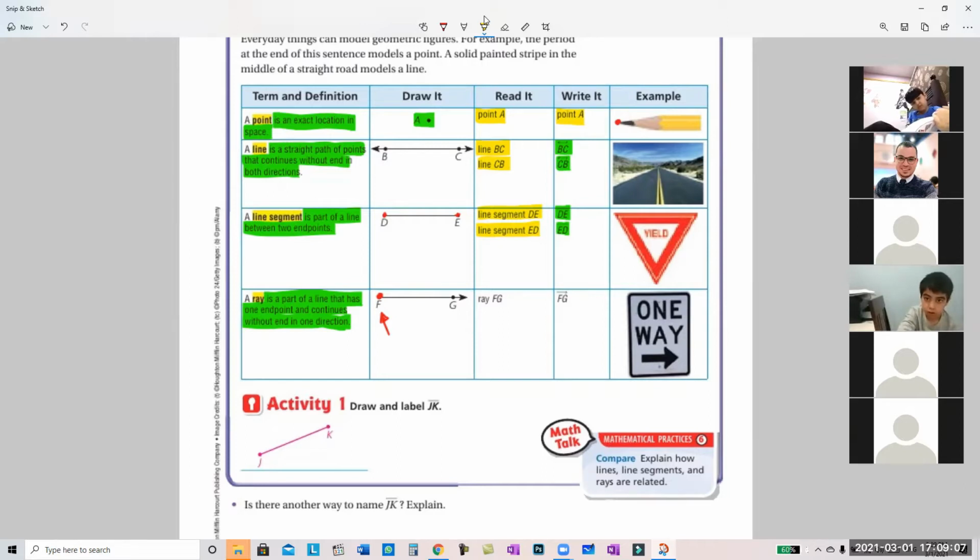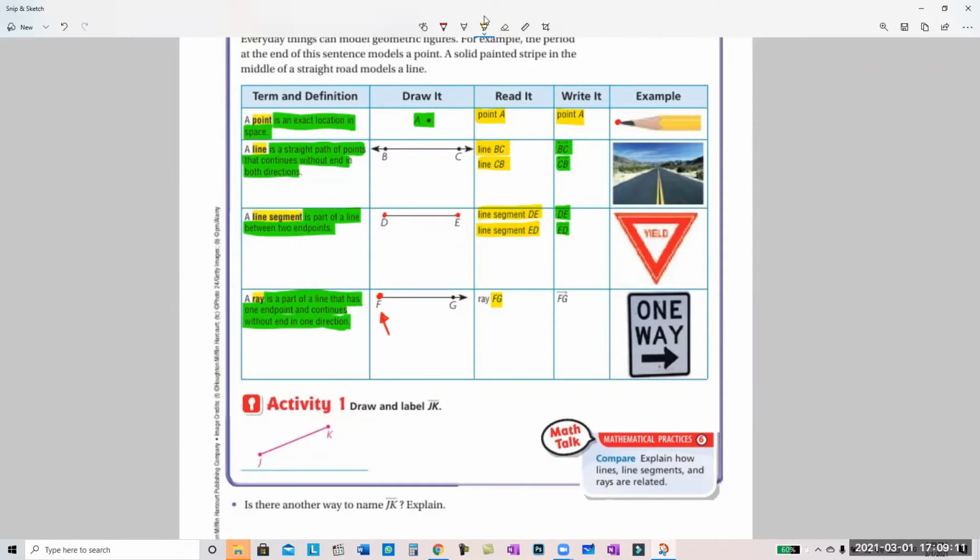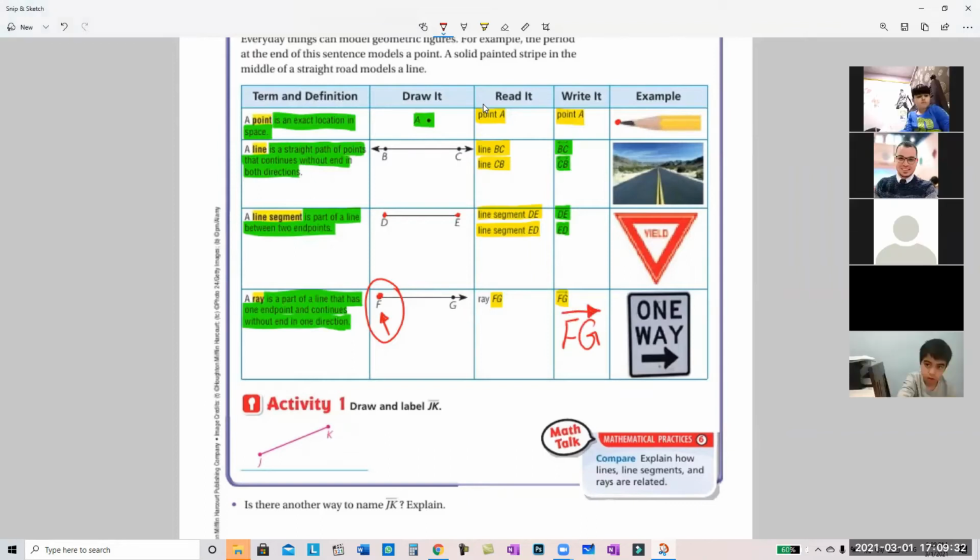Okay, so we have ray FG, and we can write it as FG. As you notice here, you have to start with the starting point, which is F. So you have to start with F and then G, and that's the only way to write the ray. So you can't write it GF.